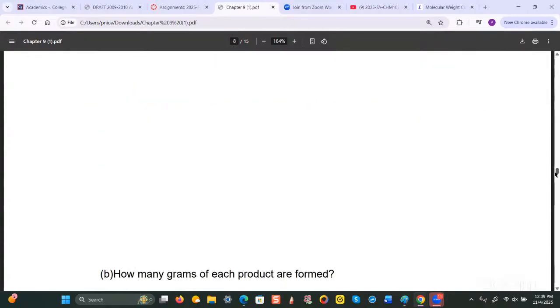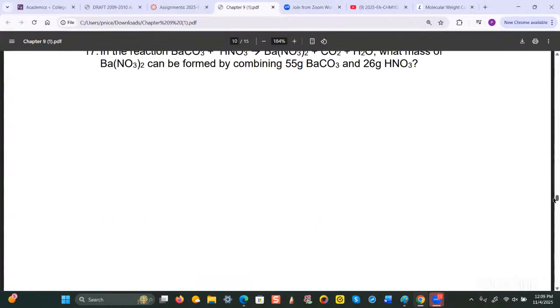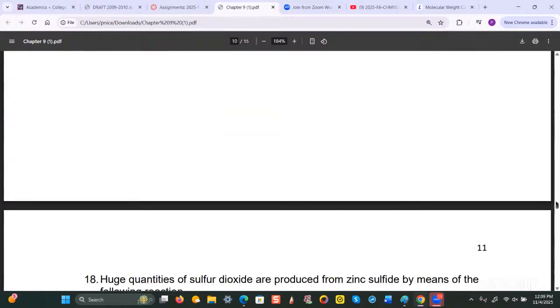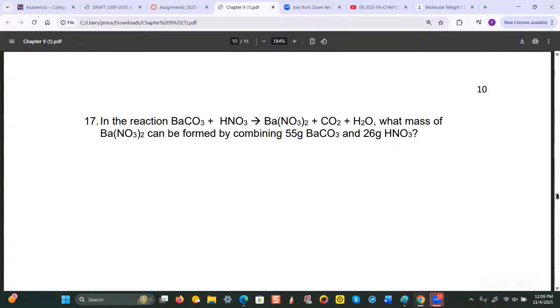You said that the answer for the mass of barium nitrate, BaNO3, was something like 73 or 74 grams. I wrote that down real quick, but every time I did the math on paper and on calculator, it was around 53.82.